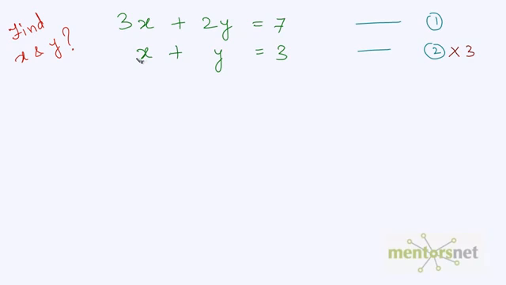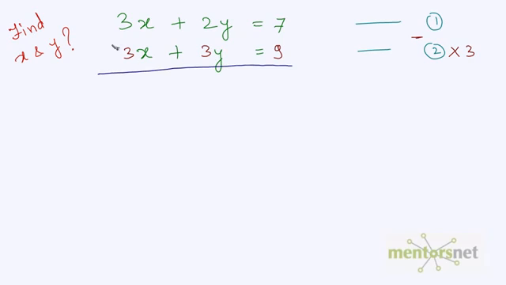So if I multiply this equation 2 by 3, I get 3x plus 3y is equal to 3 times 3, which is 9. So this becomes 9. Now we have equation 2 ready. We have to subtract equation 2 from equation 1 so that we cancel out x.